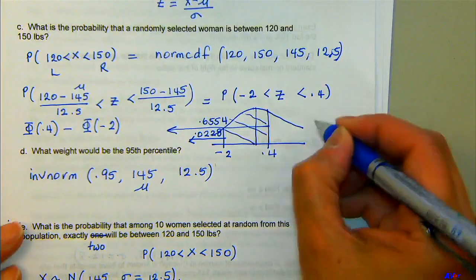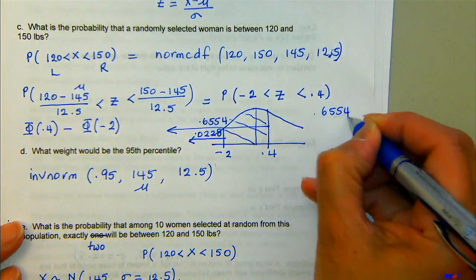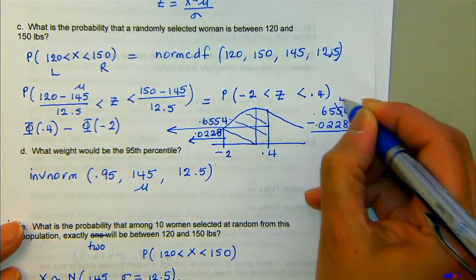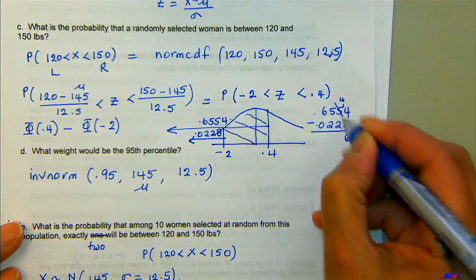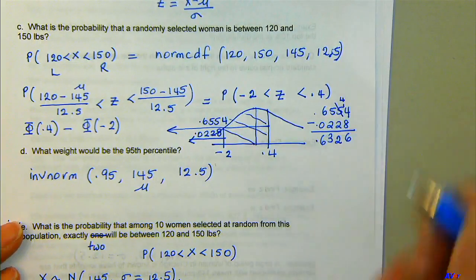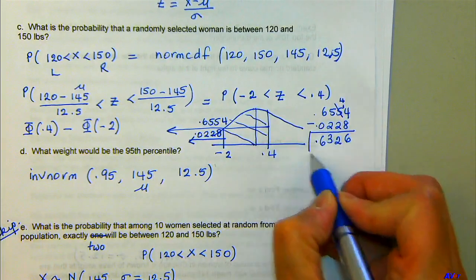And then I subtract 0.6554 minus 0.0228. 0.6326 is my final answer for that one.